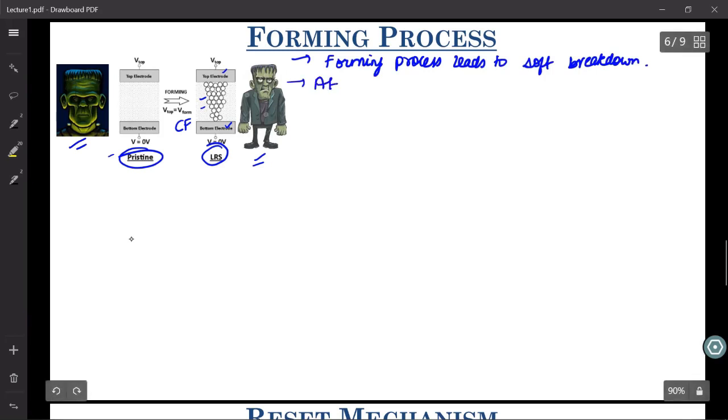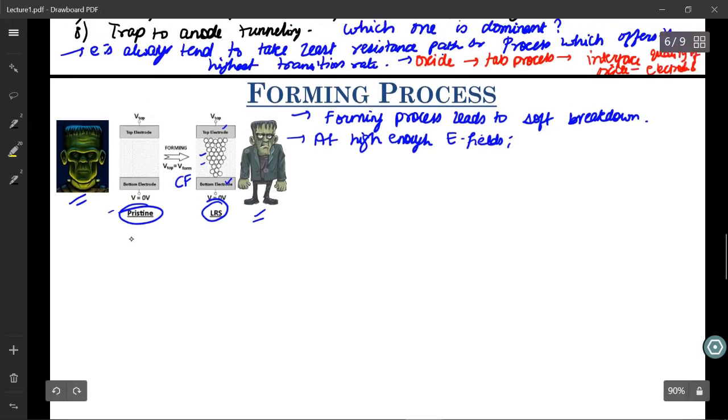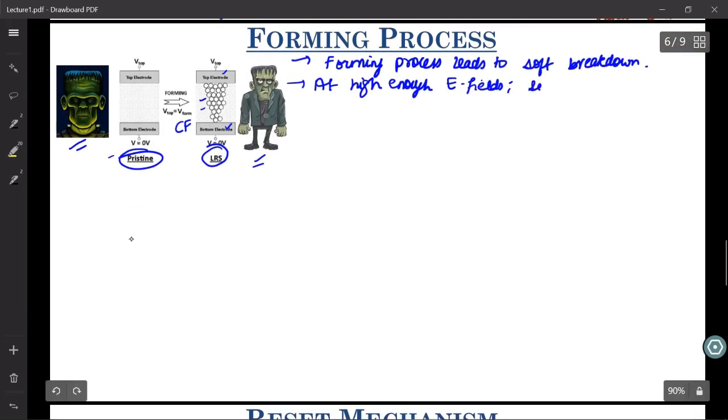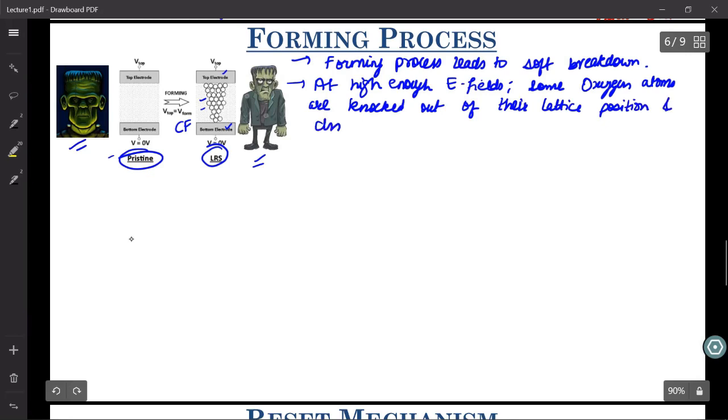What it means is, at high enough electric fields, some oxygen atoms are knocked out of their lattice position or equilibrium position, and then they drift towards your anode, right? Since the anode is positively charged.